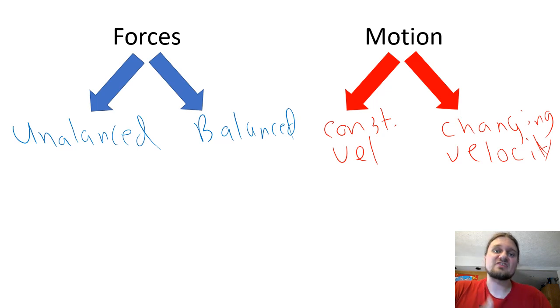What the special states of motion are is whether the velocity stays where it's at or whether the velocity changes. And so not moving is just a particular case of constant velocity. Not moving is a constant velocity of 0. The velocity is at 0 and it stays at 0. And that doesn't make it any more or less special than if the velocity was at 2 and stays at 2. So our special states of motion are changing velocity or constant velocity.